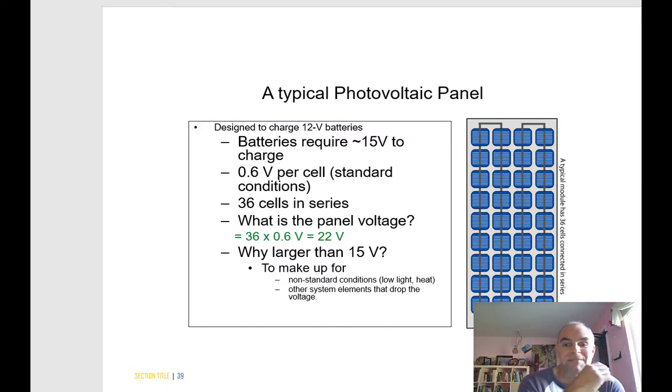And the reason is because sometimes you don't get that full 0.6 volts. Might be a little dark out. There are a lot of reasons why you may not get the optimum 0.6 per cell. So to make sure you have the 15 volts that you'd want to charge 12 volts, very often we put extras in there. So it's kind of like adding insurance to make sure that you get enough voltage out.